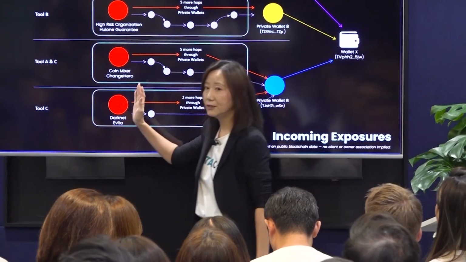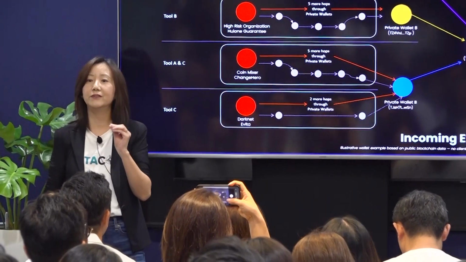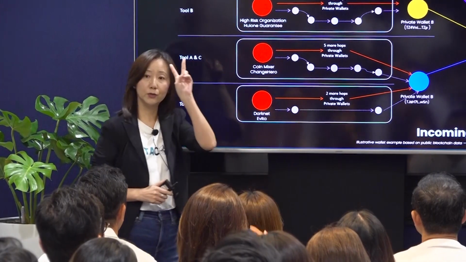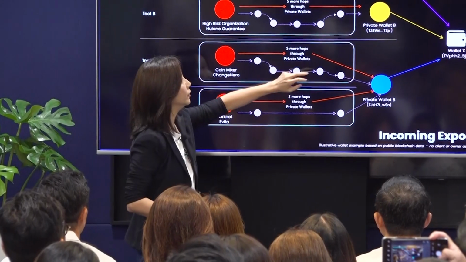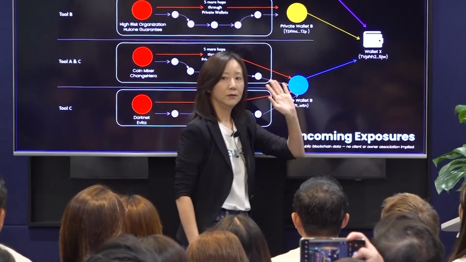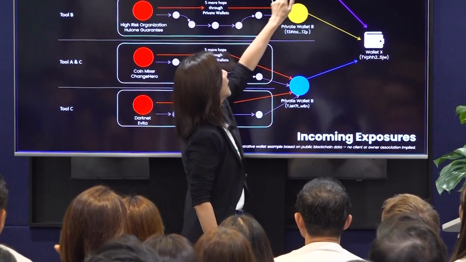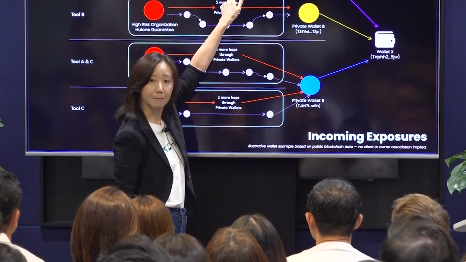So then we use different tools to scan the wallets, and we found very different results. For example, we just use two vendors, A and D, to scan the wallets, right? It tells us direct exposure, no alert. But indirectly, this wallet transacts with this wallet, and this wallet we flag as a scam.